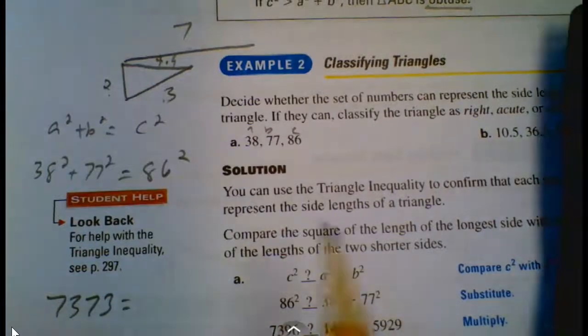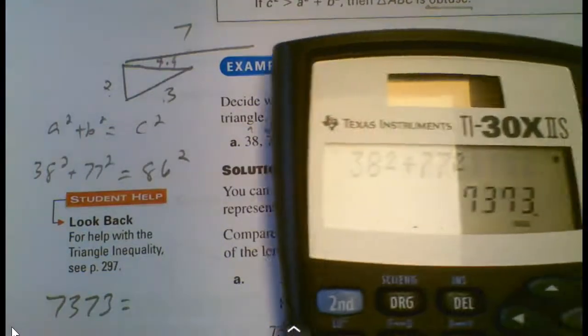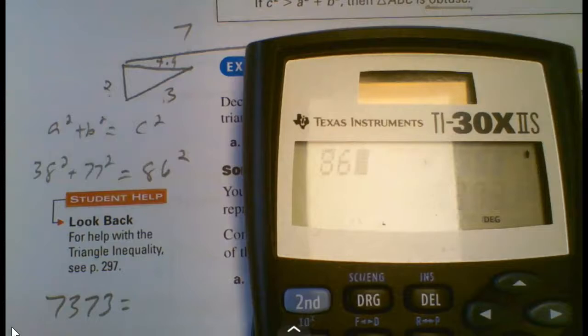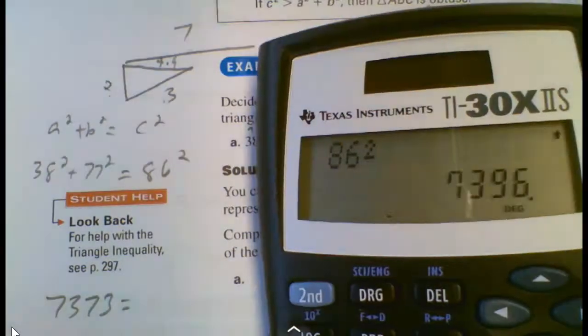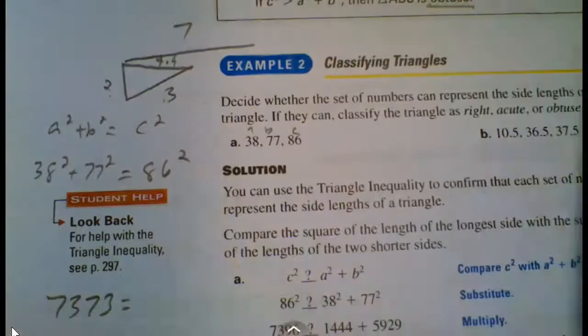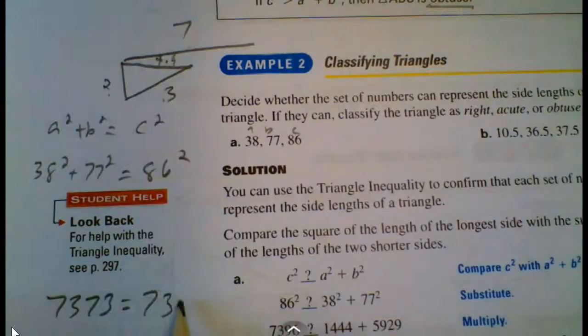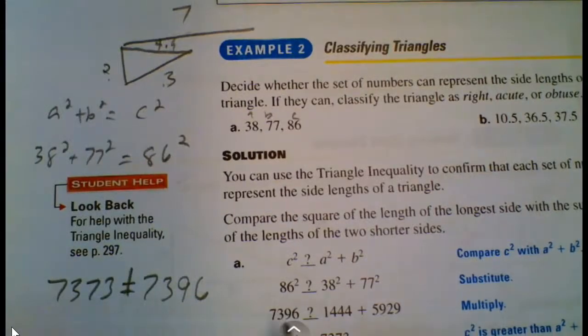73. And let's see how that compares to 86 squared. 86 squared is 73.96. They are not equal to each other. They're not the same. But 73.96 is bigger than 73.73.